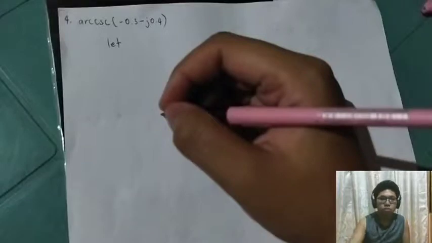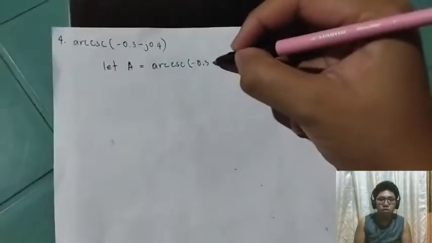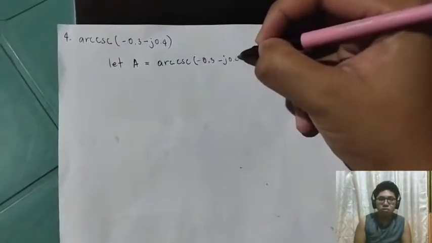For our last problem, we have the arc cosecant of negative 0.3 minus j 0.4. First, we will let A is equal to arc cosecant of negative 0.3 minus j 0.4.